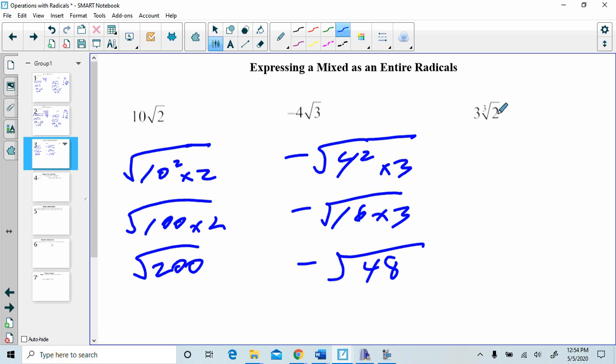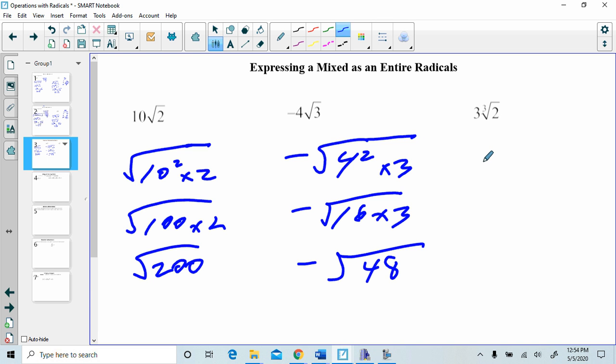Moving to the next one, we have 3, and then there's a cubic root of 2. So that means there was a number that was cubic rooted to get to 3. So we know that that number will be 27 when we get to it. Okay, so when we actually get down to that one, let's show that.